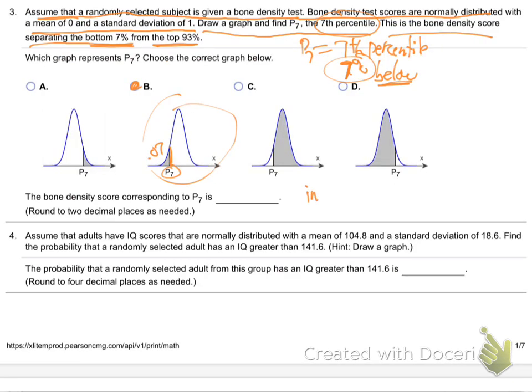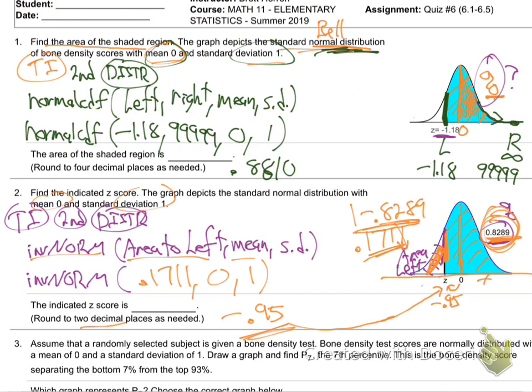So I'm going to do inverse norm: area left, mean, and standard. So what's the area to the left of this spot? Well, it's just 0.07. We don't have to do the 1 minus this time like we did last time. Why? Because last time they gave me the area to the right, and so to get the area to the left, I had to go 1 minus.